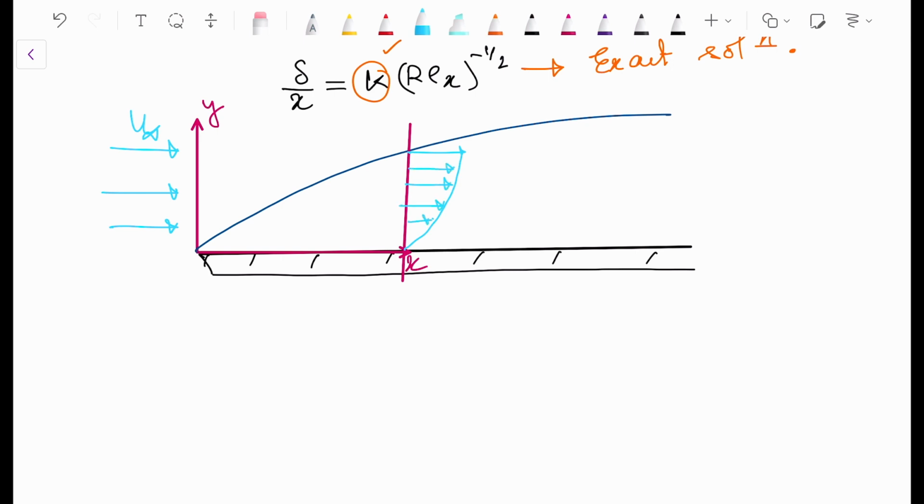And at any other section the velocity profile will be different, and we know that here at the same y the velocity will be lesser.